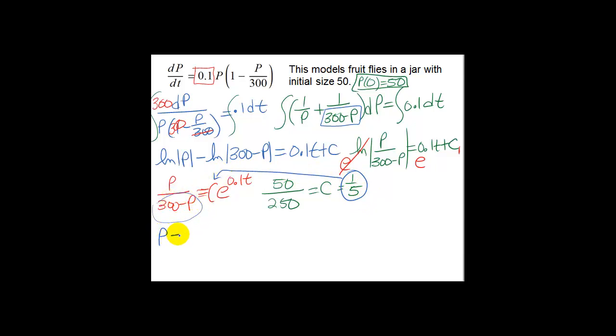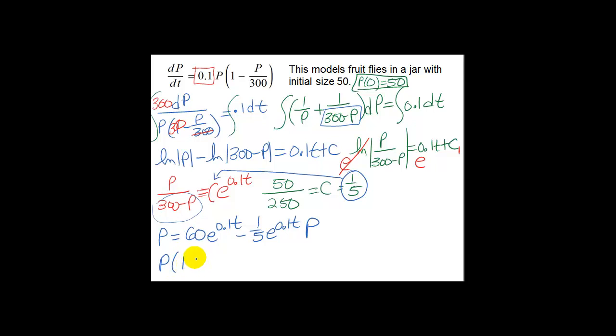So we have p equal, and we'll go ahead and distribute this through. So 1/5 e to the 0.1 t times 300, that will be 60 e to the 0.1 t, and then minus 1/5 e to the 0.1 t p. Now what our goal was here was to solve this for p, so we're going to get both terms with p on the same side, so we'll move this term over, and we're going to go ahead and factor the p out in front as well.